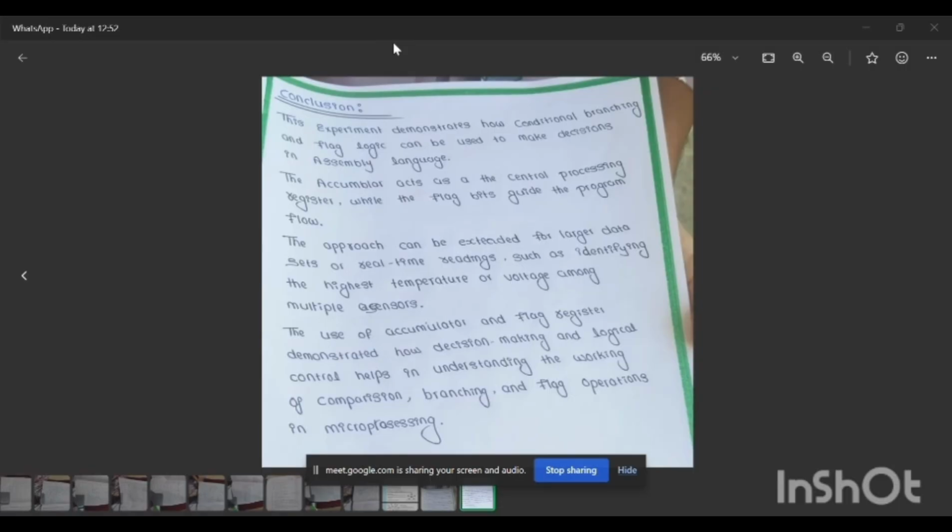The approach can be extended for large datasets or real-time readings, such as identifying the highest temperature or voltage among multiple sensors. Using the accumulator and flag register demonstrates how decision making and logic control help in understanding the working of comparison, branching, and flag operations in this project.